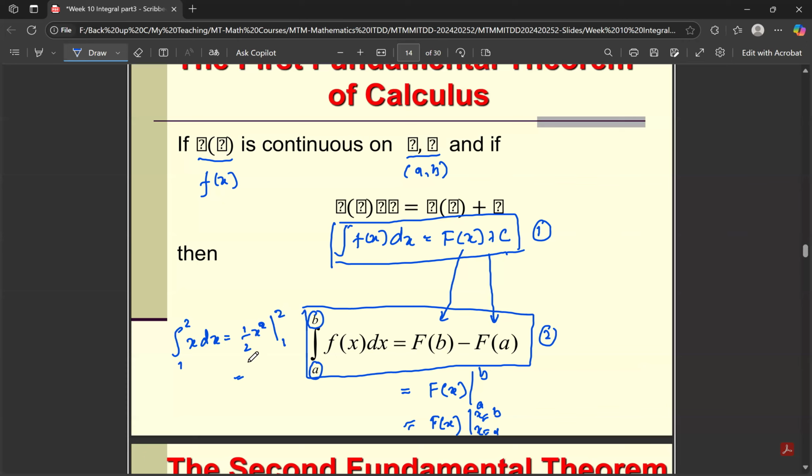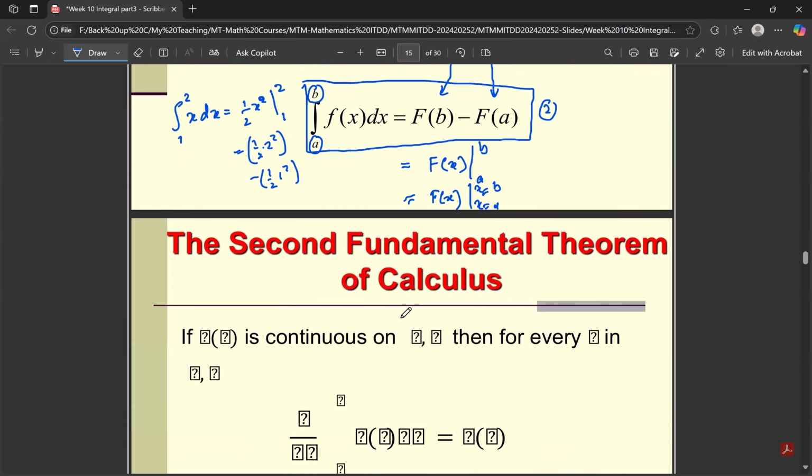So this is 1/2 times 2 squared minus 1/2 times 1 squared. This is how to apply this formula.